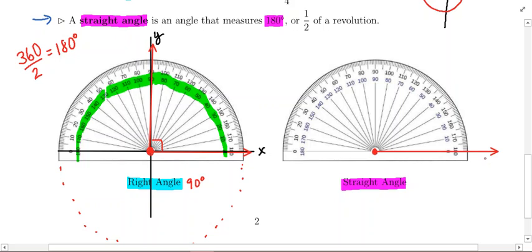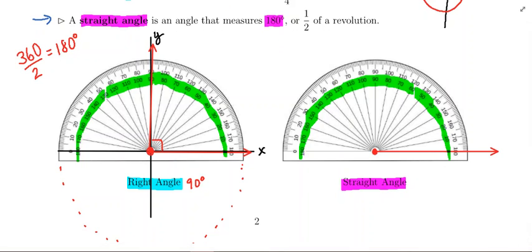We have another positive angle, so the rotation will be counterclockwise again, in this direction. Same setup, same protractor, so we're using the bottom set of numbers. You're going to start at the 0-degree mark and rotate counterclockwise until you reach the 180-degree mark.